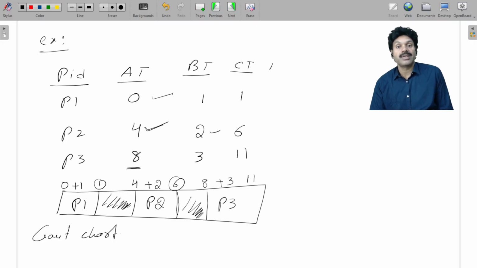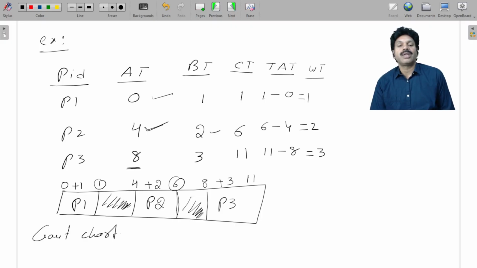In this case, turnaround time. What is the turnaround time? CT minus AT. 1 minus 0, 6 minus 4, and 11 minus 8. Waiting time, you know. What is the waiting time? Turnaround time minus burst time. This is a 1, this is a 2, and this is a 3. So turnaround time is 1, 1 minus 1, your waiting time is 0.